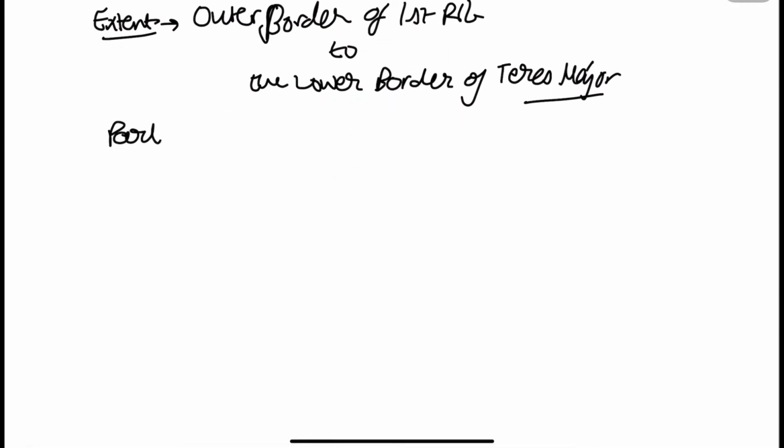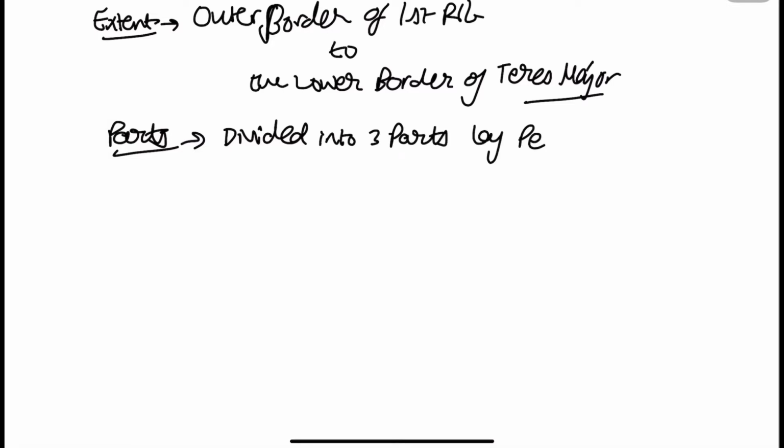It is divided into three parts by the pectoralis minor muscle.